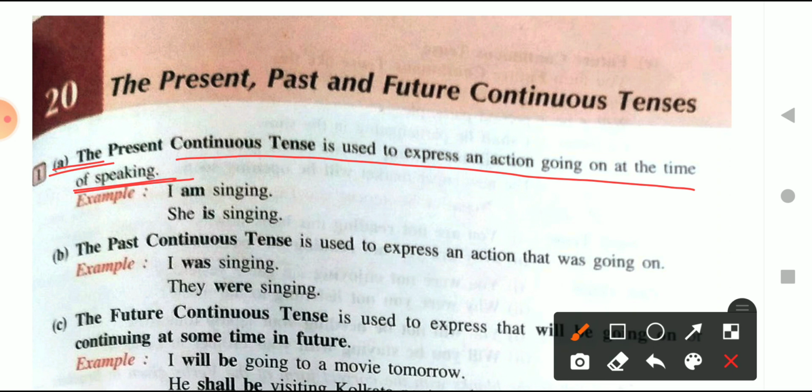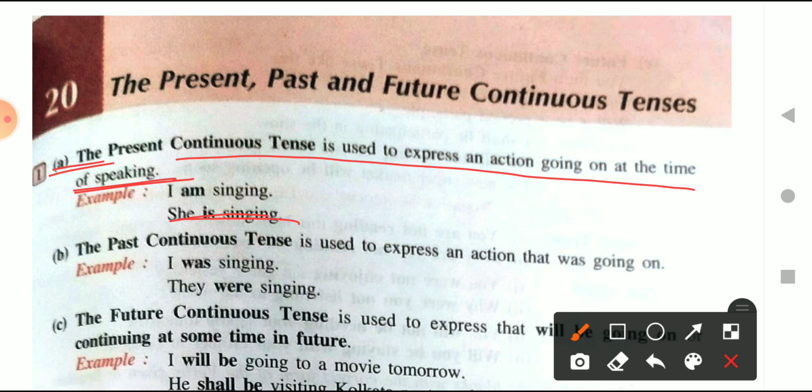For example, here are two examples given. I am singing. I am singing means the action is going on at that particular moment. Similarly, she is singing. This action is happening at the moment, right? At the present time, and the action is continuous. Singing is a continuous action.